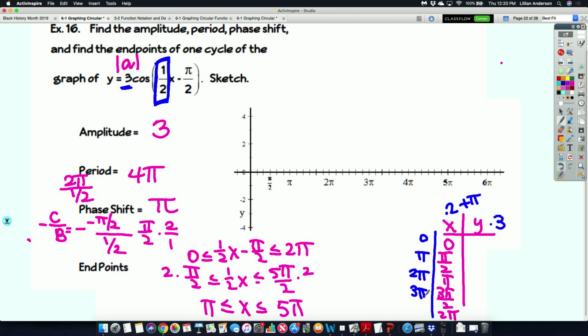And the last one? So that was the multiplying by 2. Now I'm going to add pi. What's 0 plus pi? Pi plus pi. 2 pi plus pi. Help me keep going. Like I said, the first entry and the last entry.